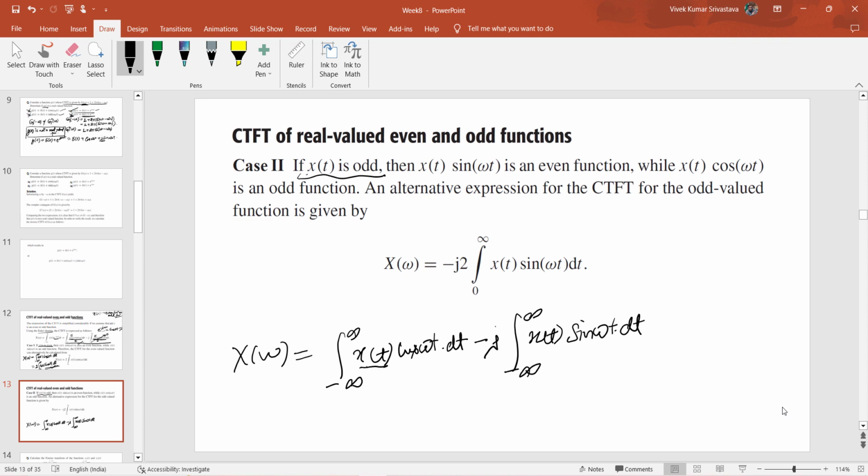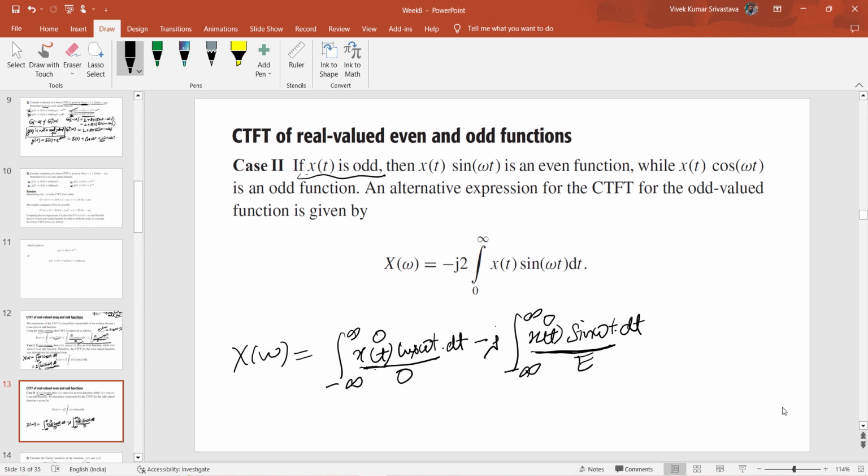When x of t is odd, the multiplication of x of t with cos of omega t gives an overall odd function, whereas in the second term the overall term acts as an even function.